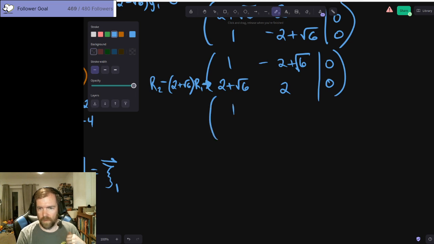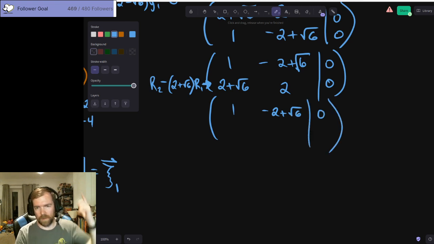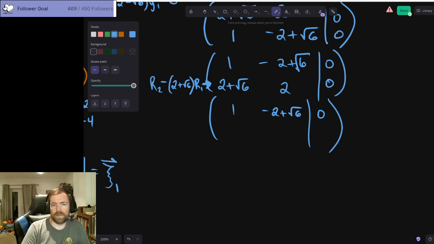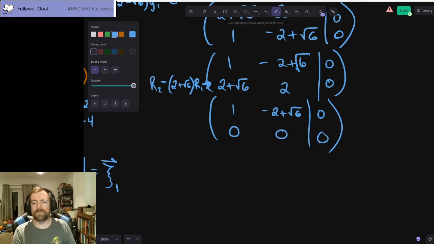So again, 1, negative 2 plus root 6, augmented with 0. And on the lower row, we should get all zeros. And again, if you want to check us on this, absolutely go for it.